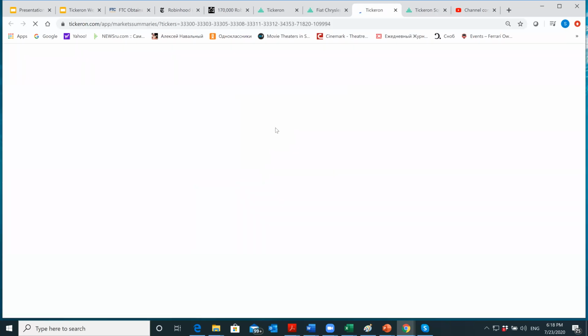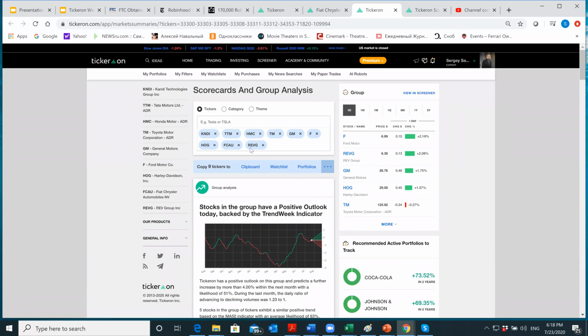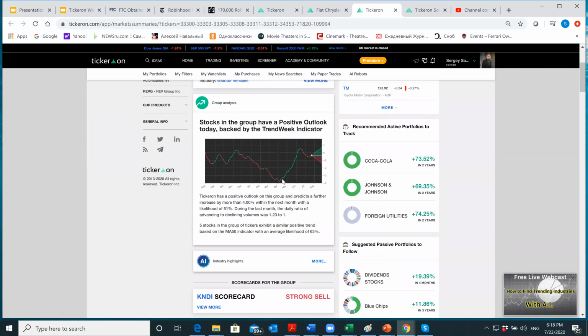Let's see what AI thinks about this particular group. These are the same 9 stocks. The scorecard is buy, and then there is some analysis. As you can see, this shows us buyers and sellers. The likelihood of the group moving up is only 51%. It's pretty weak, as I said.